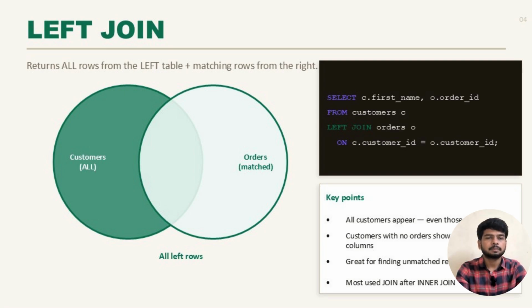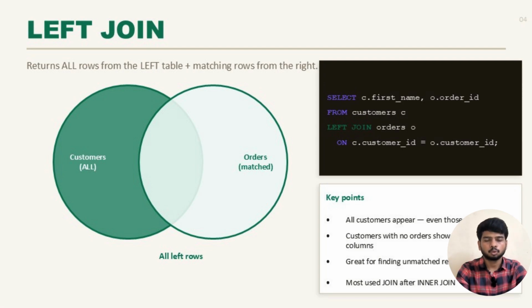Where the customer has a matching order, the order will come. If the customer doesn't have an order, then in the order column it will just show null. The key question a left join answers is: show me everything from the main table and tell me what is missing. That's it.